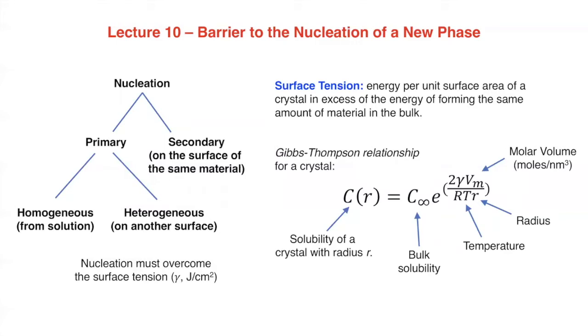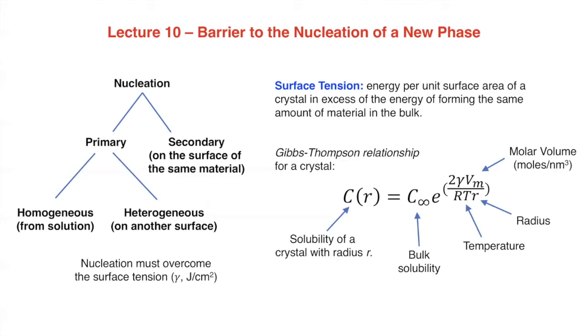So what that means is, imagine you have a bulk crystal, and it has some heat of formation, and then you pull out a small crystallite of it, and suddenly you've got all this surface, and now you've broken bonds to form that surface, and so you have to pay a penalty, and the penalty you pay is related to how much surface area there is, and so the surface tension is a measure of that.